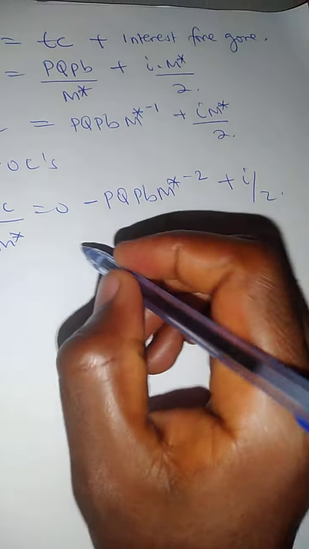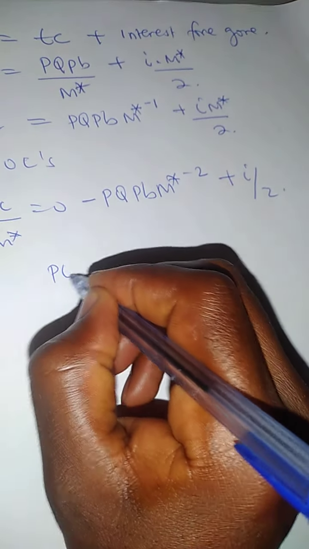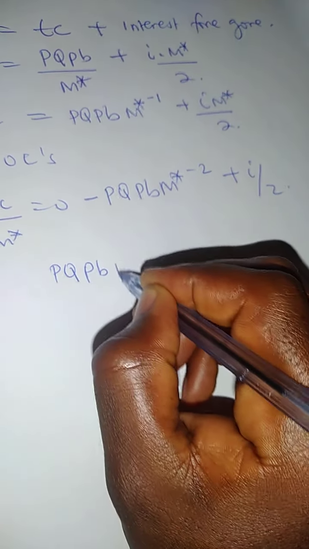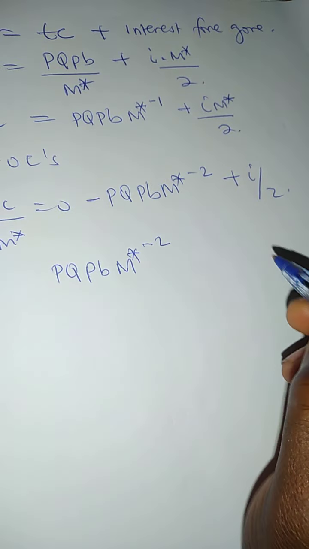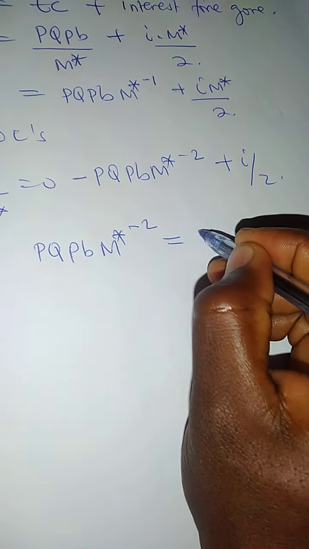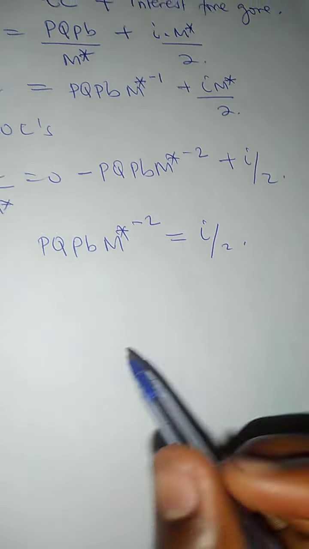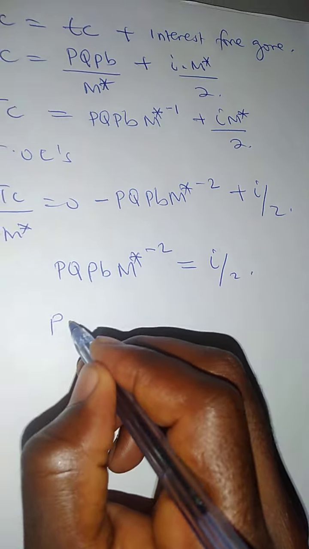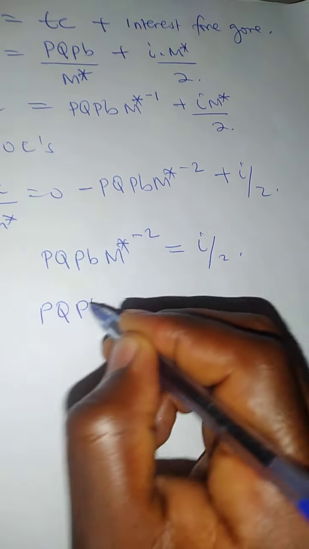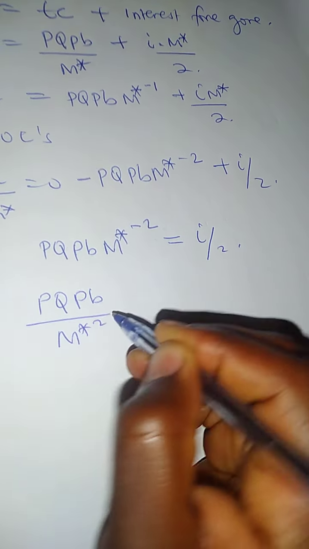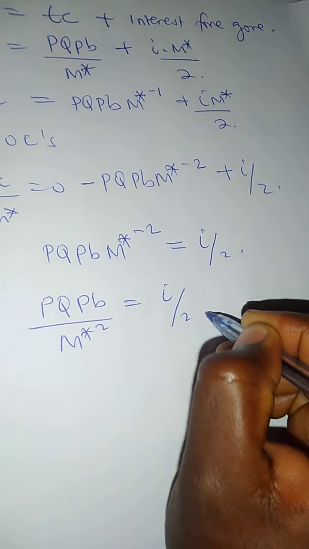Remember, it is equal to 0. So if I take this to the other side, I get PQ PB M star to power -2 is equal to I over 2. I can make this positive by making it a denominator. That implies PQ PB over M star squared is equal to I over 2.